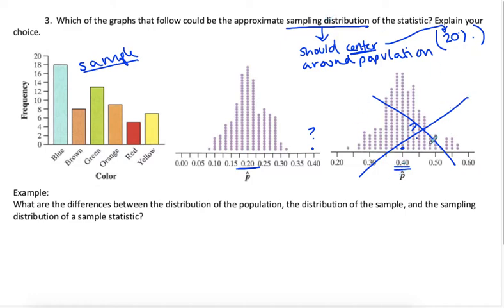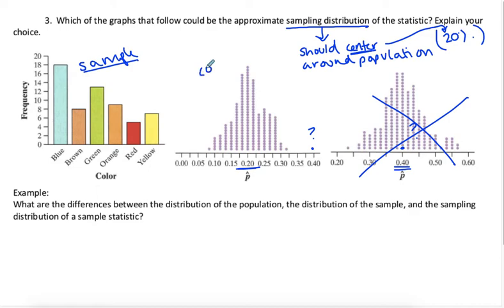If it started to do this, like if I took your sample, imagine, and somebody else's, and we plotted this many samples here where each one of those is a different one, it should start to center around what's been claimed by the population. If it doesn't, we have some serious doubt about their distribution here. So this one's likely.